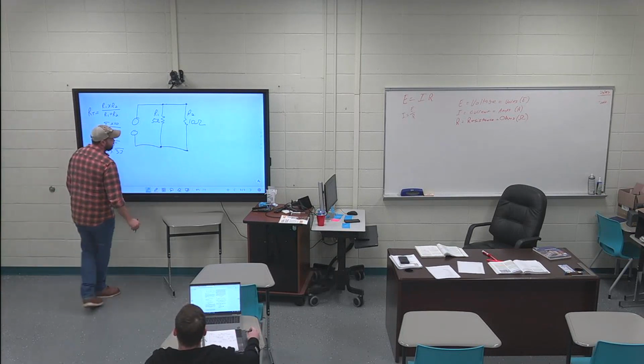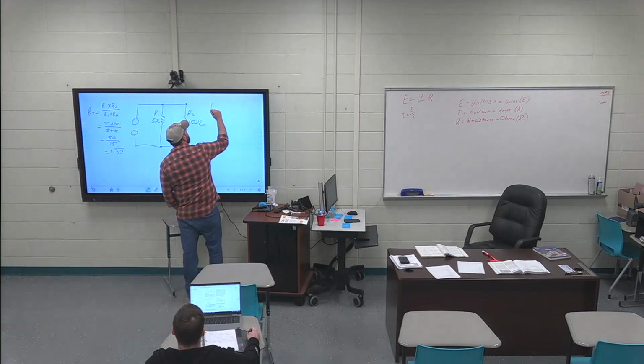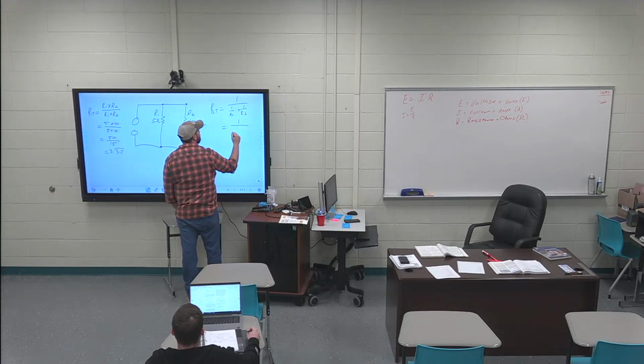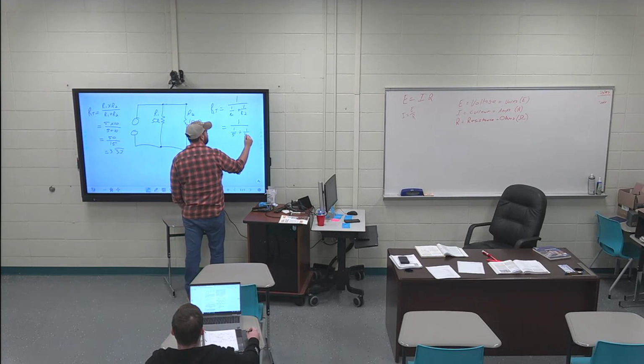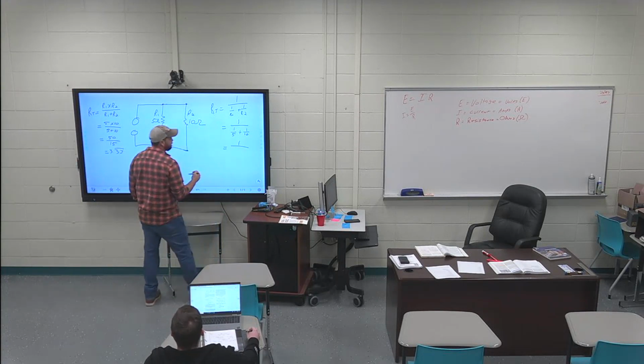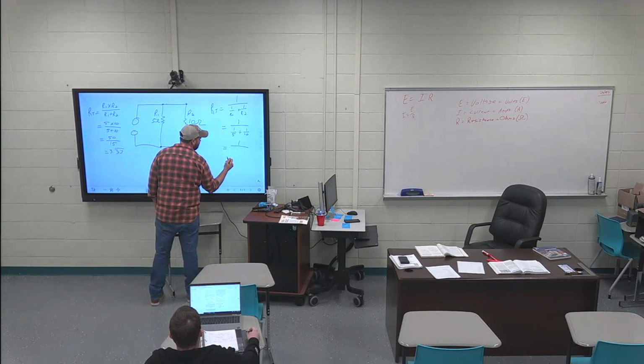But again, you can also, resistance total is equal to 1 over R1 plus 1 over R2, 1 over 5 plus 1 over 10. What's the common denominator for 5 and 10? 10.